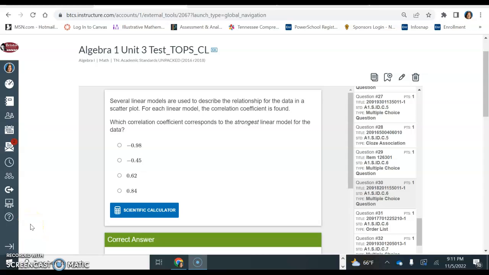All right, the next question says, several linear models are used to describe the relationship for the data in a scatter plot. For each linear model, the correlation coefficient is found. Which correlation coefficient corresponds to the strongest linear model for the data? Remember, if it's a strong correlation, that means it's very close to 1 or very close to -1. If it's very close to 1, it's a strong correlation with a positive slope.